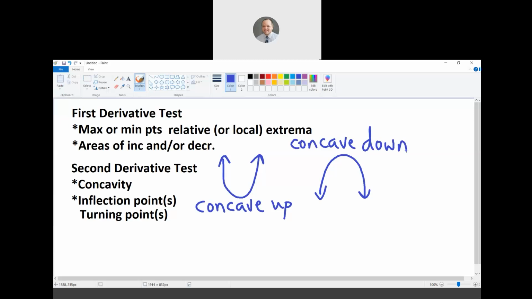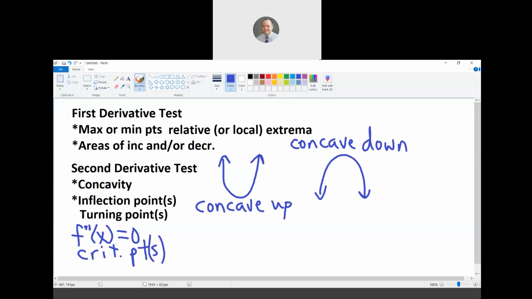Now, calculus-wise, you still need to get your critical point or points by setting your derivative equal to 0. So that part hasn't changed. You set your derivative equal to 0 to find your critical points. There may be one or there may be several.